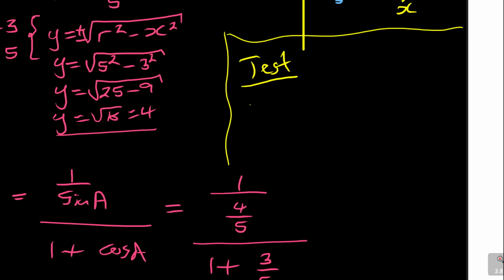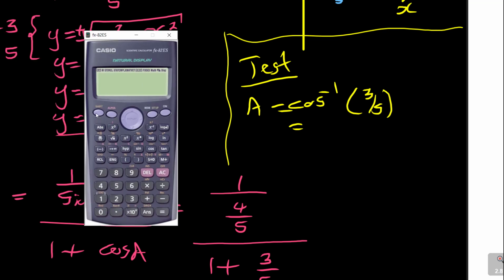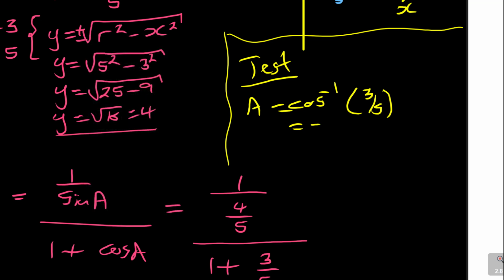So A is equal to arc cos 3 over 5, and we can find that angle A. So it's shift arc cos, 3 over 5, equal to 53.13. 53 is not going to be exact, but it's better. 53.13, that is my value for A.